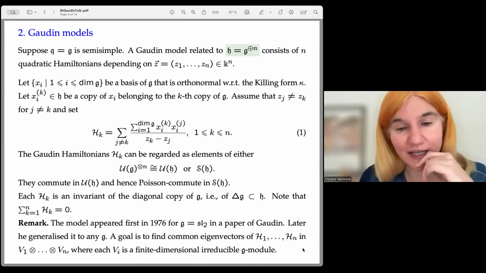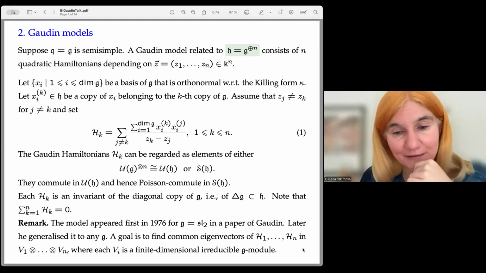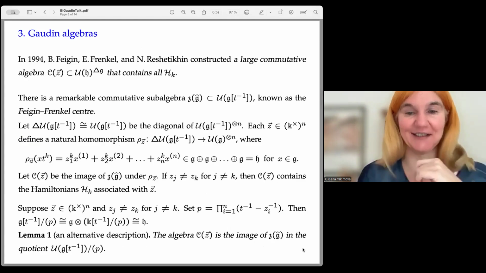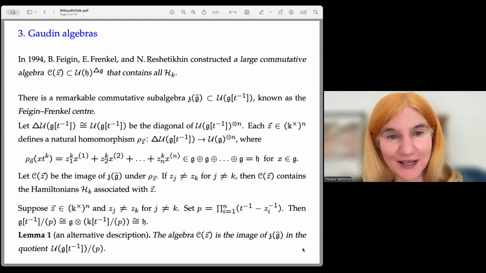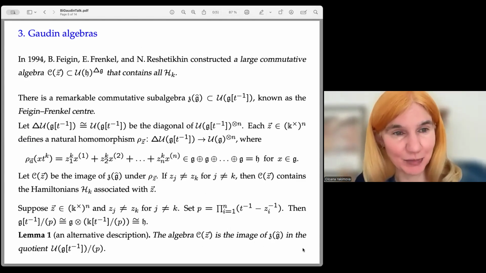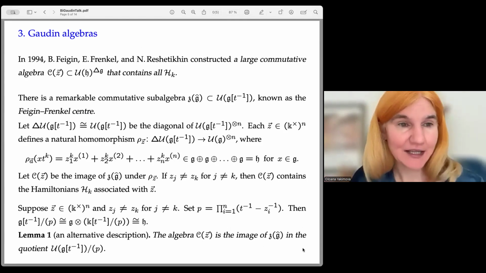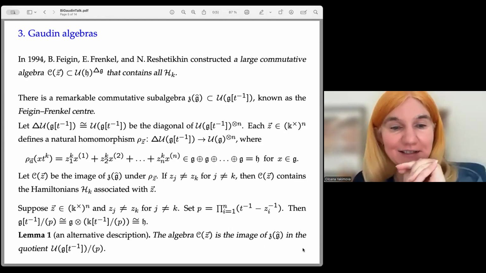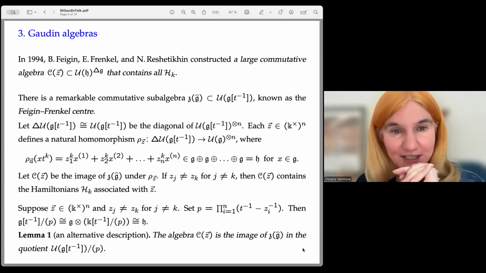So Bethe Ansatz works very well for SL2, but it does not work quite so well for higher-dimensional simple algebras. So in 1994, Feigin, Frenkel, and Reshetikhin suggested a different approach to this problem of computing eigenvectors and eigenvalues of Gaudin Hamiltonians.